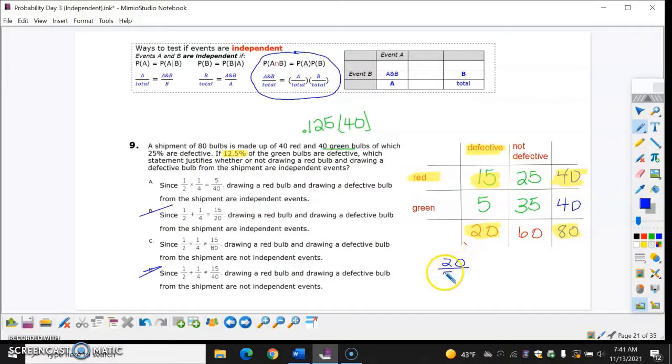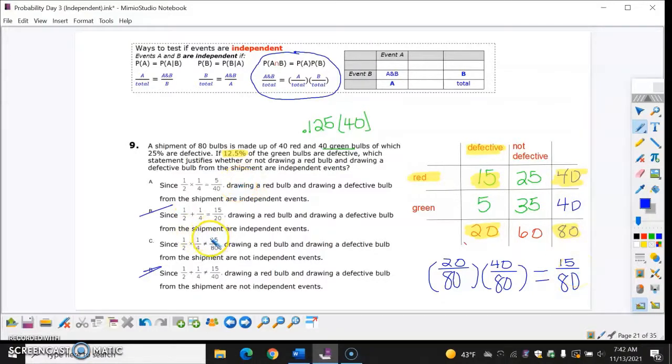Overall, 20 out of 80 of the bulbs are defective. And we would multiply that by the overall probability of red out of the total number of bulbs to see if that equals 15 out of 80 total.